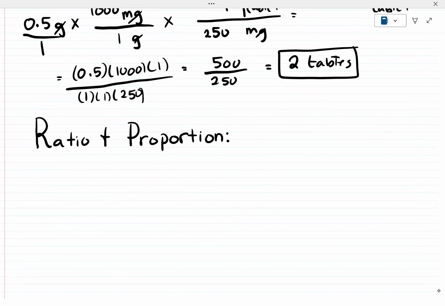So before we set up our ratio and proportion, the first step is to convert grams to milligrams. Okay, mg stands for milligrams.